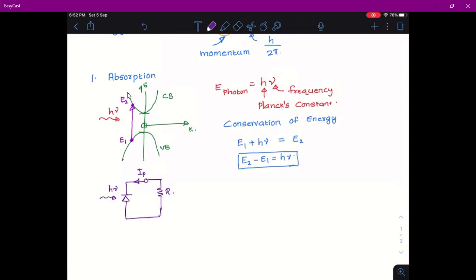So the incident photon will generate a current IP, which is transferred to the load, or to the circuit where you want to analyze the current. And this photodetector works on the principle of absorption.